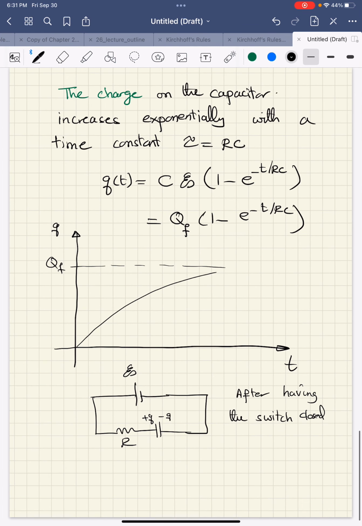We will see that the charge will increase, but the current in the circuit decreases.